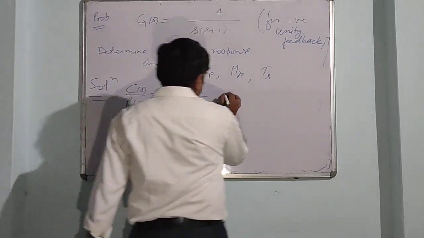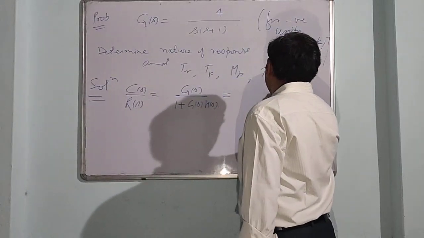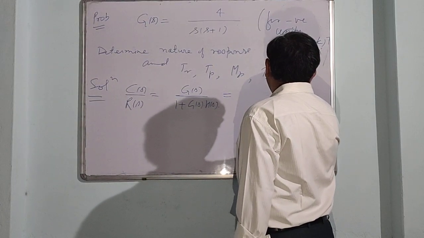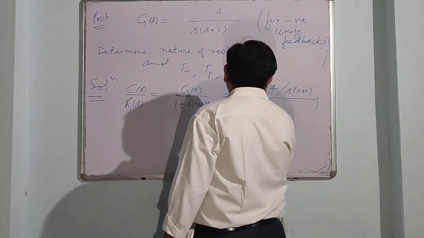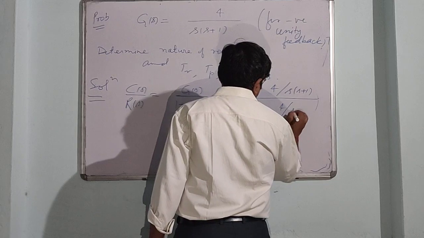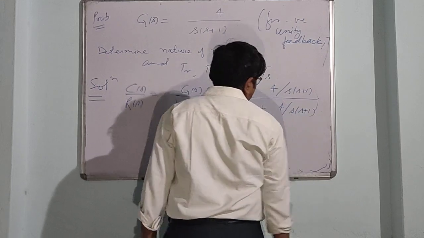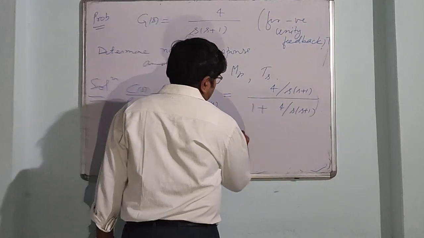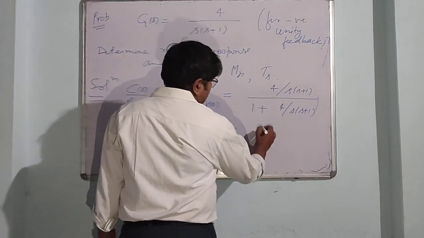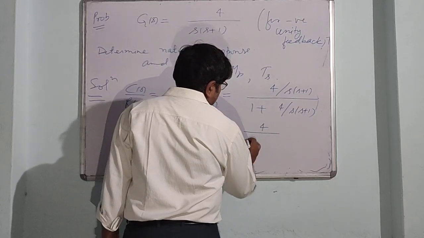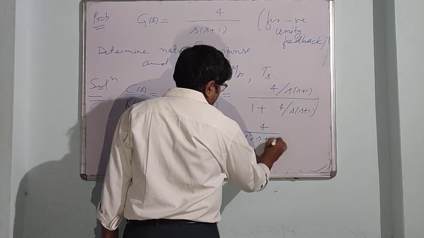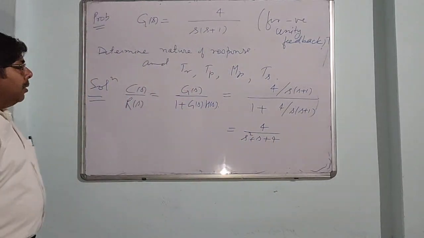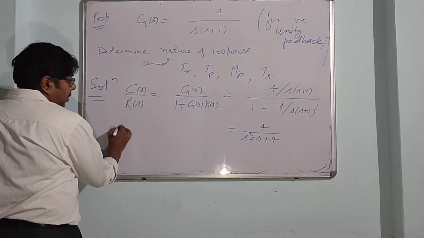So for this you can write 4 upon s plus 1, 4 divided by 1 plus this. So you can solve this. This is 4 upon s square plus s plus 4. So you can compare this.